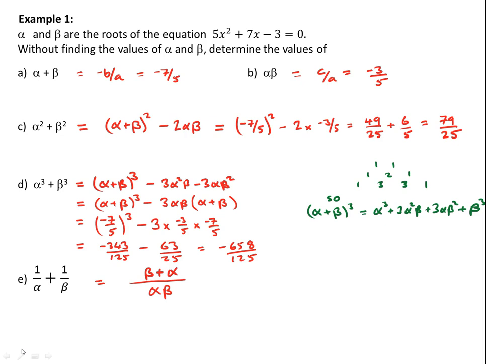So 1 over alpha plus 1 over beta is the same thing as beta plus alpha over alpha beta. We know that beta plus alpha is minus 7 over 5. We know that alpha times beta is minus 3 over 5. So that gives me minus 7/5 divided by minus 3/5, which is 7 over 3.